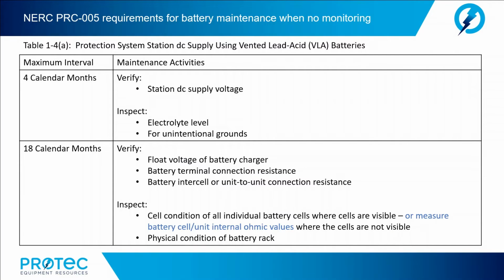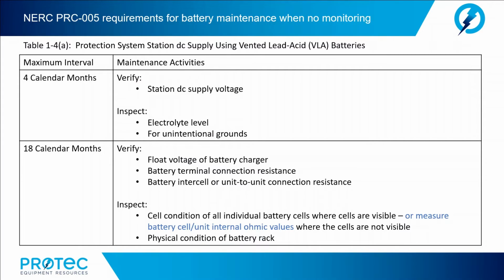Every 18 calendar months, our activities are to verify float voltage of battery charger, battery terminal connection resistance, battery intercell or unit-to-unit connection resistance. Also, every 18 calendar months, we are to inspect the cell condition of all individual battery cells where the cells are visible, or measure battery cell or unit internal ohmic values where the cells are not visible.